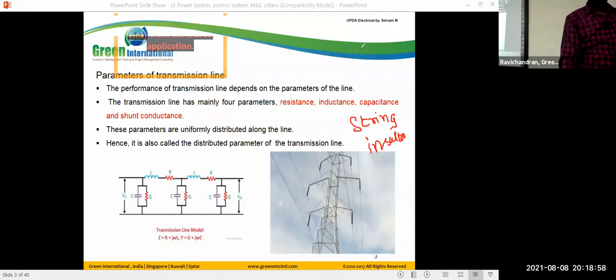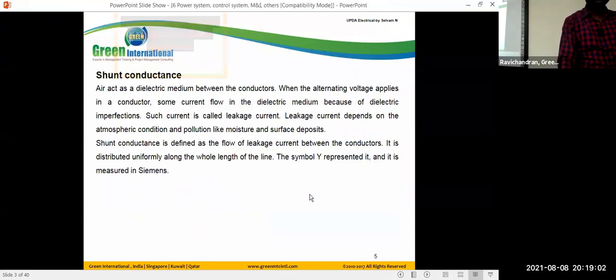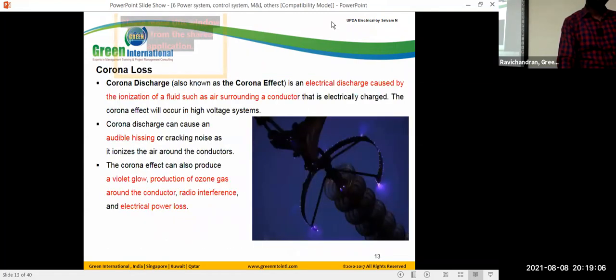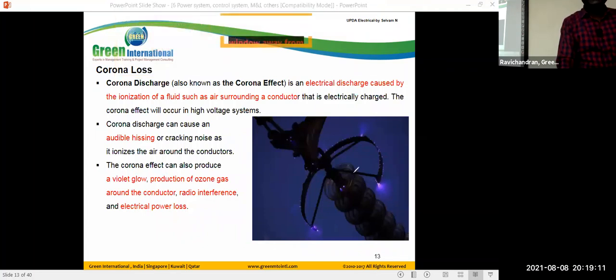Okay, easy to understand again. So these are the insulators. See here, this is one insulator, this is 2, 3, 4, 5, 6. Six insulators are there, and each insulator is connected by a metal part.